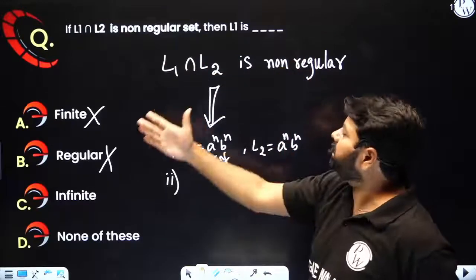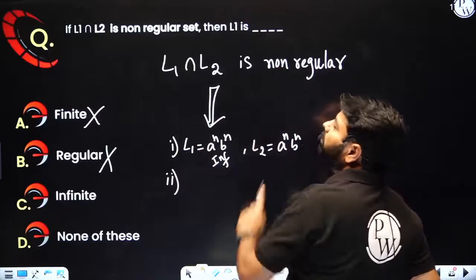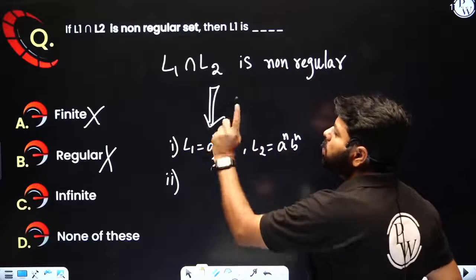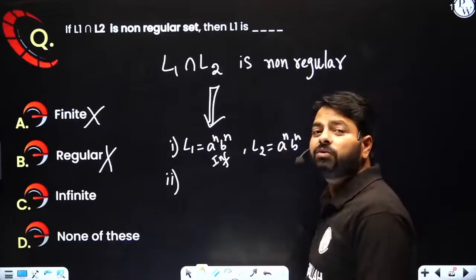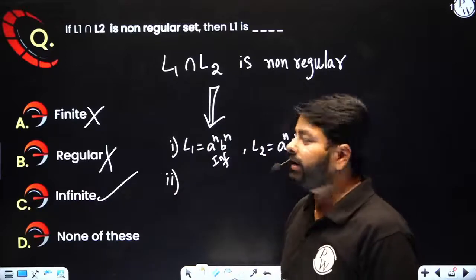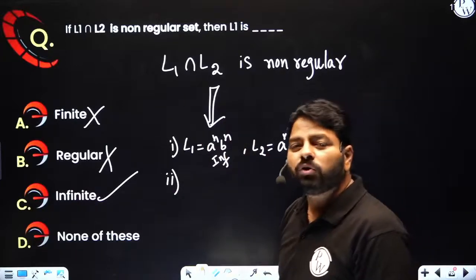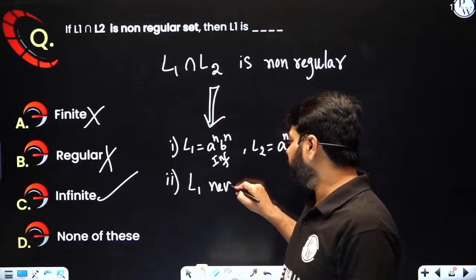So when you take L1 as finite, you will never get a non-regular. It means L1 is definitely infinite, then only can you get L1 intersection L2 non-regular. Here, infinite is absolutely correct. L1 is impossible to be finite; L1 can never be finite.